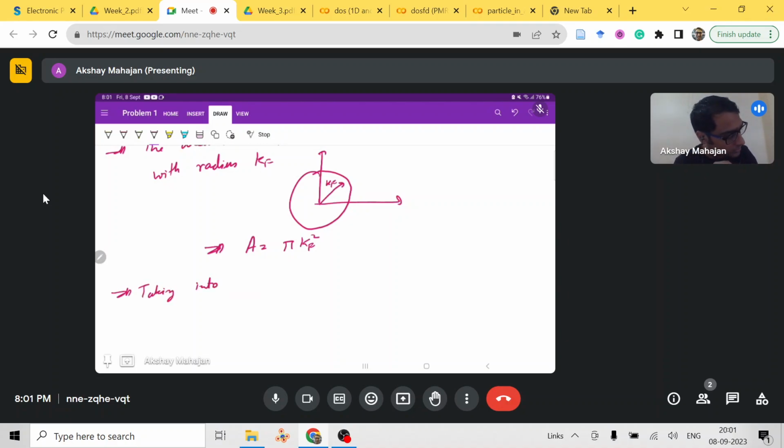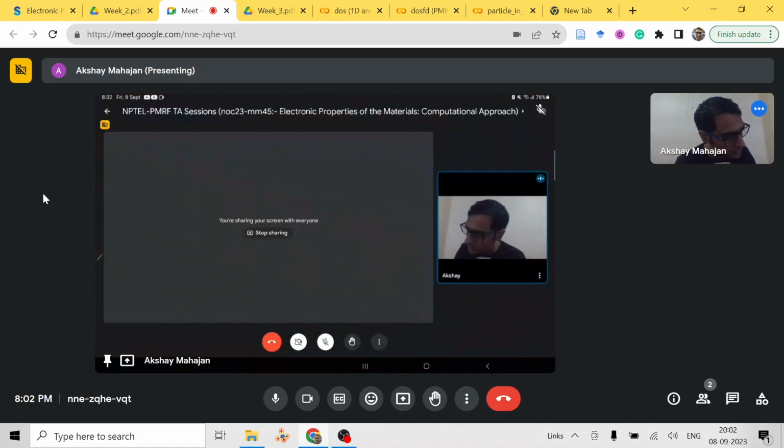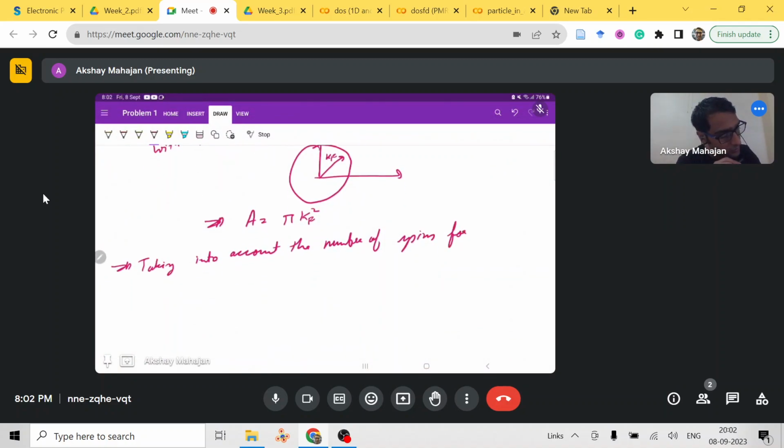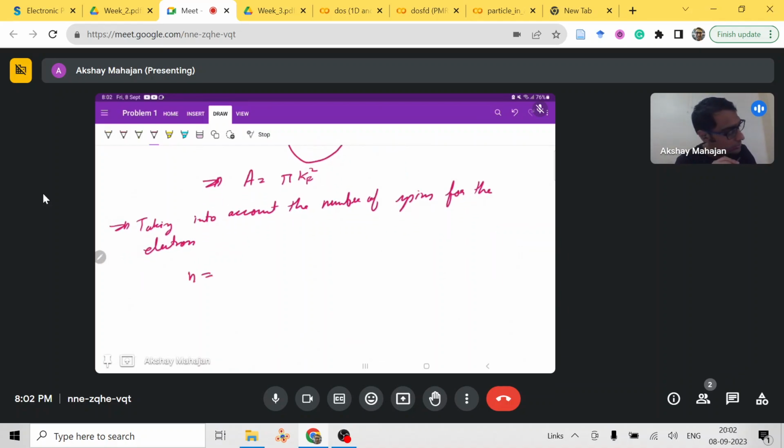Now taking into account the number of spins for the electron, we can write n, which is basically capital N divided by the total area L square, which is basically in real space.